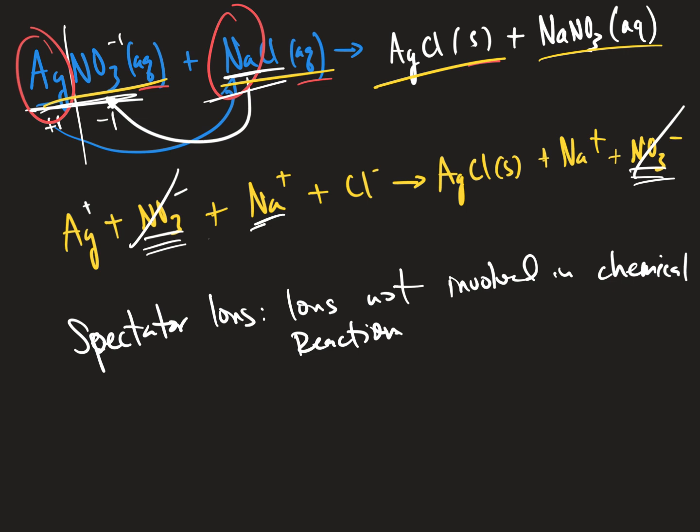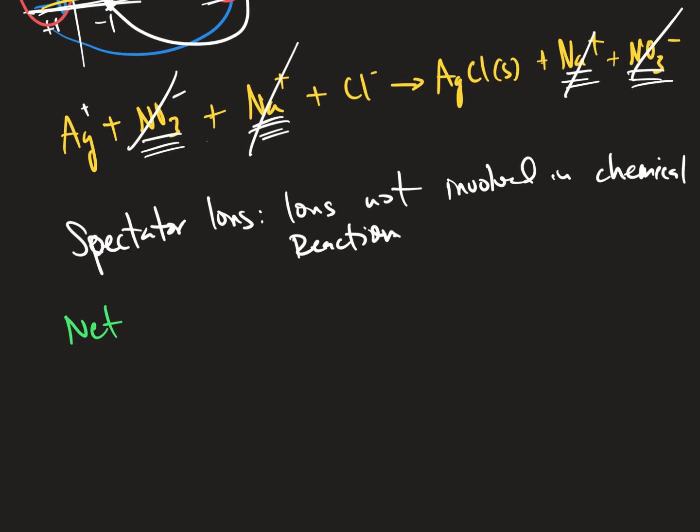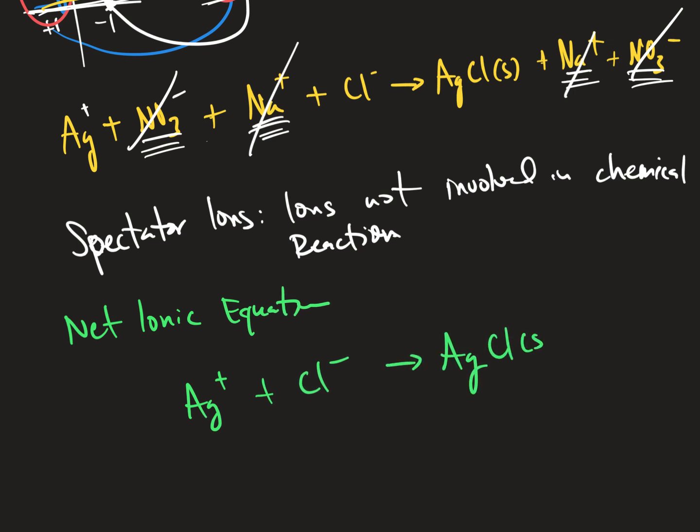Sodium, same thing. Doesn't get touched, we can get rid of those. What we're left with is the net ionic equation, which is Ag plus Cl minus, and we get AgCl as a solid.